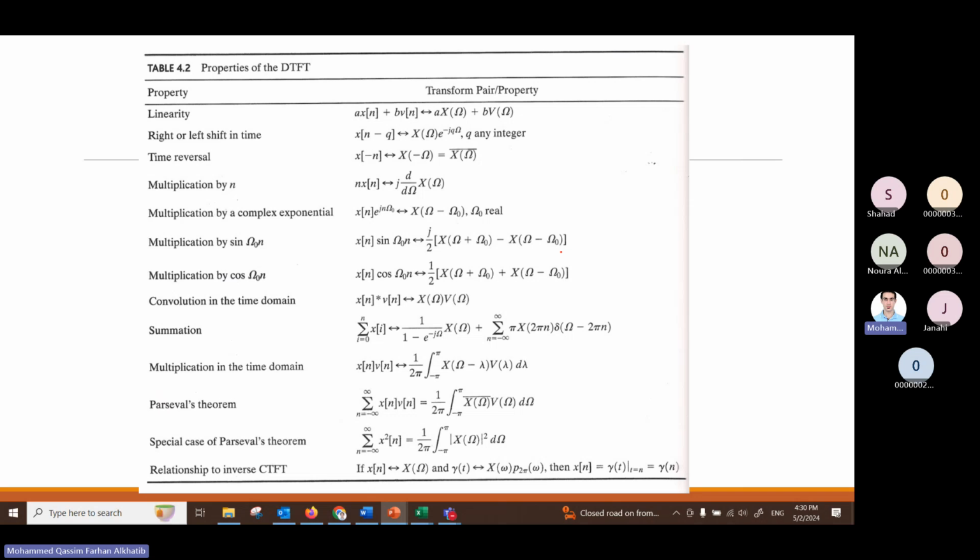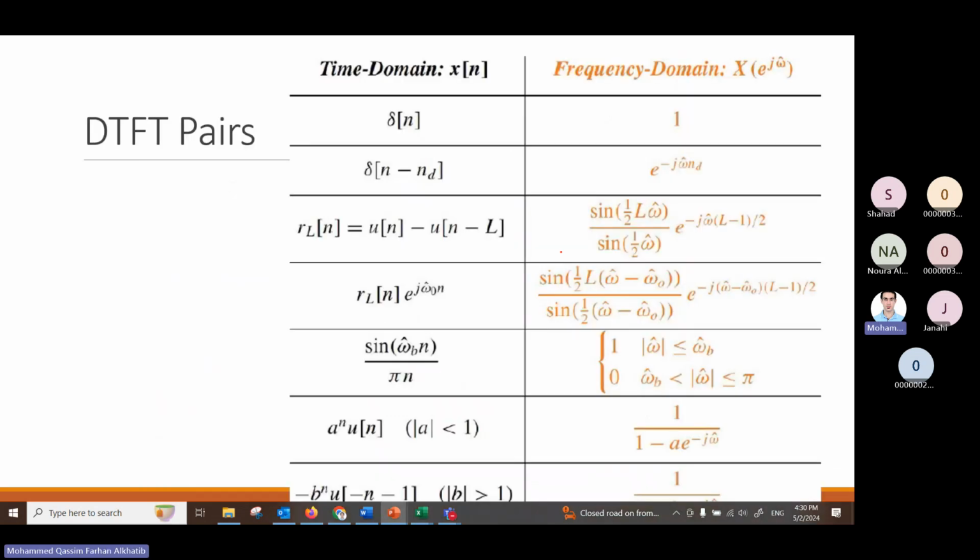Huge table for the properties, you don't have to worry about it. That's the table you will face in the exam. So you have delta of n, and delta of n minus n_d, so that's a shift.